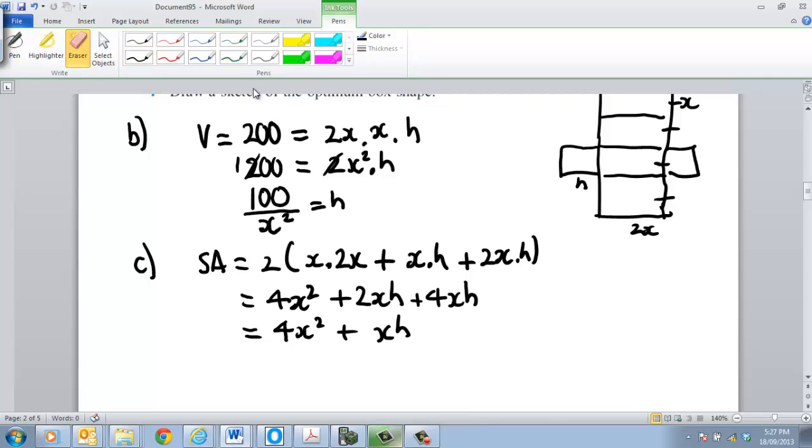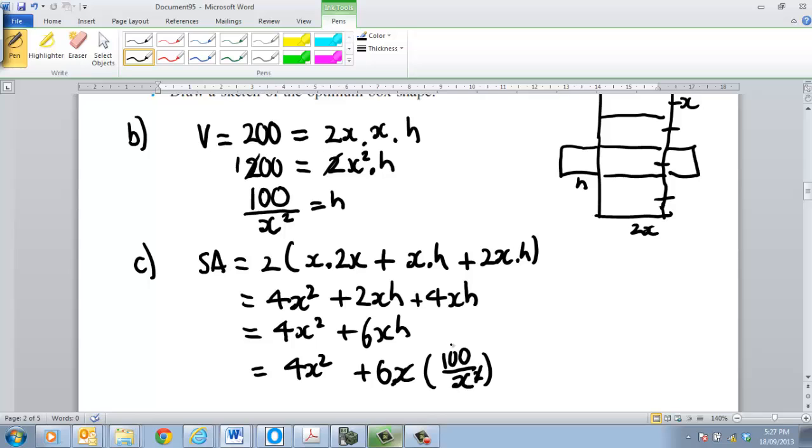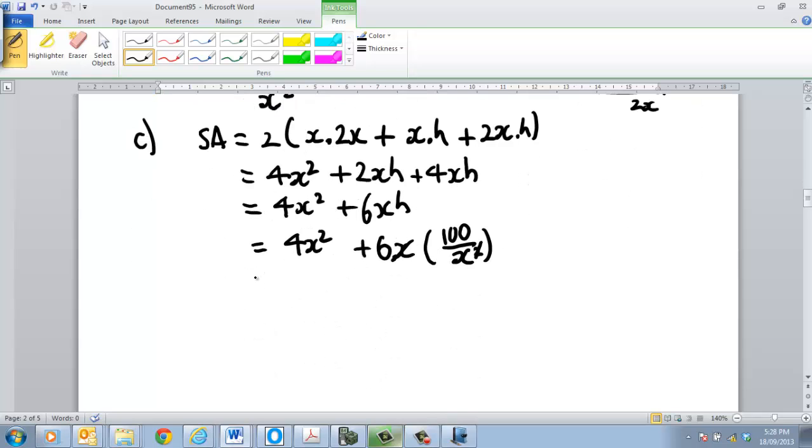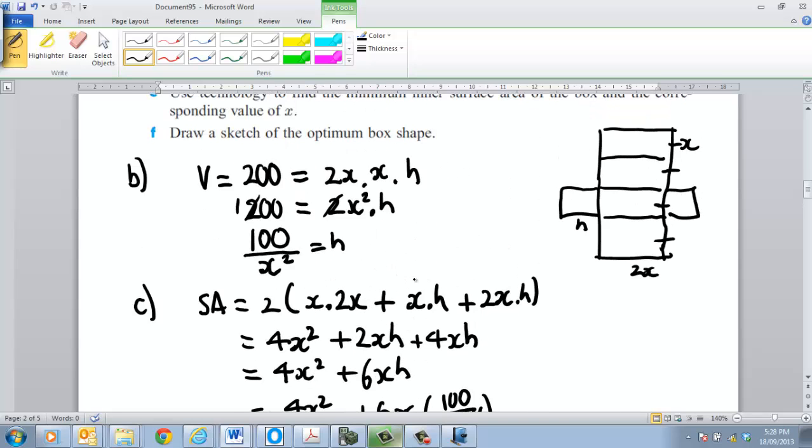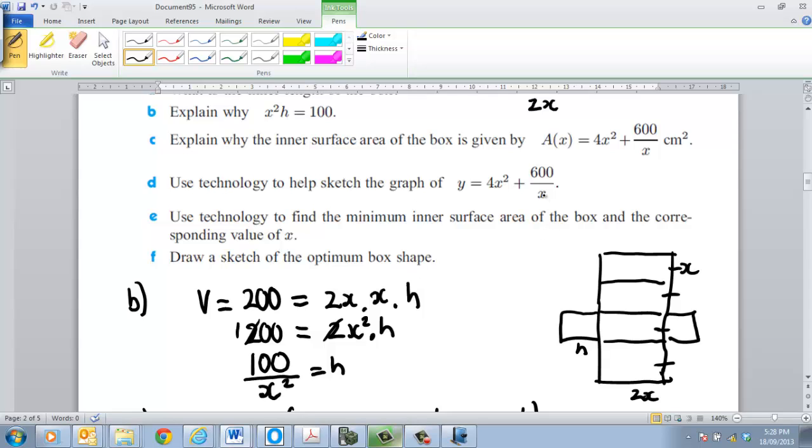The other thing we know is that h is equal to 100 over x squared, so that's 4x squared plus 6x times 100 over x squared. We cancel that out, and that gives a final answer of 4x squared plus 600 all over x. If you want to check, there'll be an answer there, and that's exactly what we've got over here.